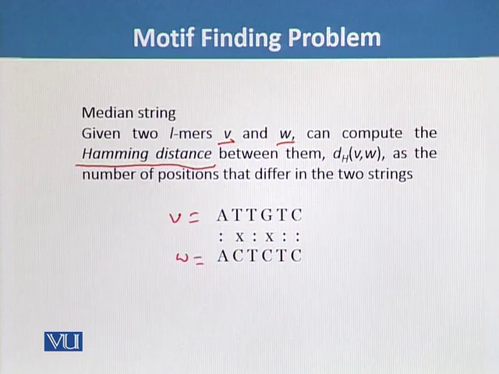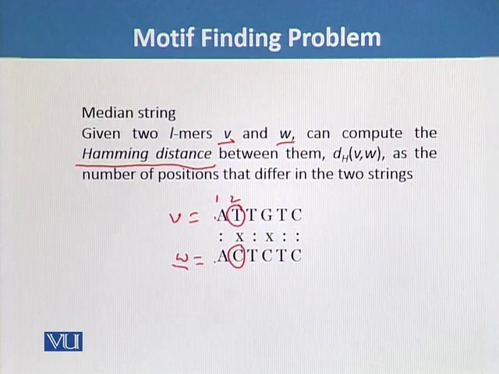So we can see in the first column both have A and A, adenine, adenine. But in the second column, in the V l-mer there is a thymine, but in the same position in the W l-mer there is a C. So T and C are different, so that's why a cross is written between these T and C. In the third column both are the same, thymine, thymine.